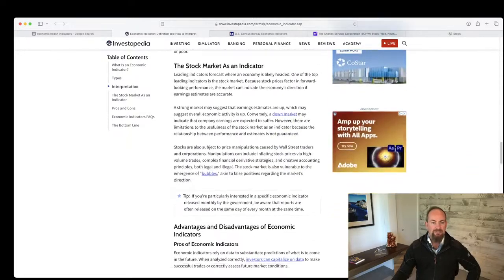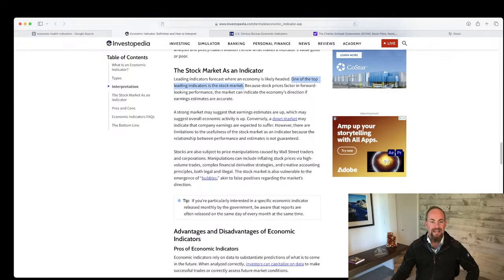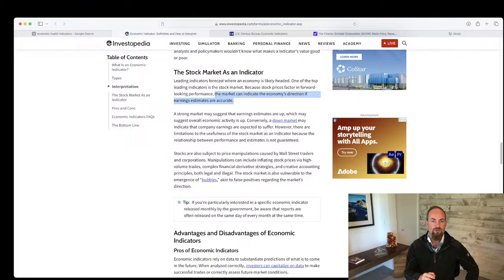But let's talk about the stock market as an indicator. Leading indicators forecast where an economy is likely headed. One of the top indicators is the stock market, because stock prices factor in forward-looking performance. The market can indicate the economy's direction if earnings estimates are accurate. This last statement is essential. Why?